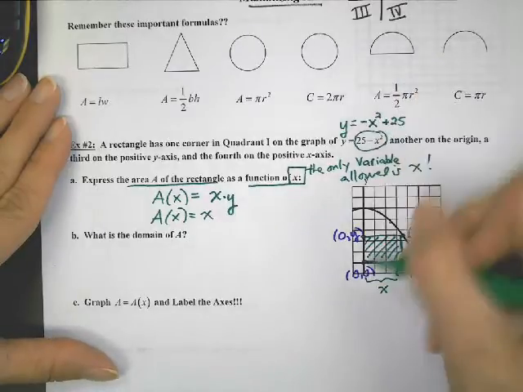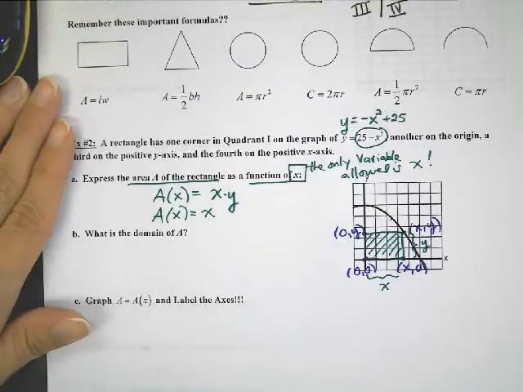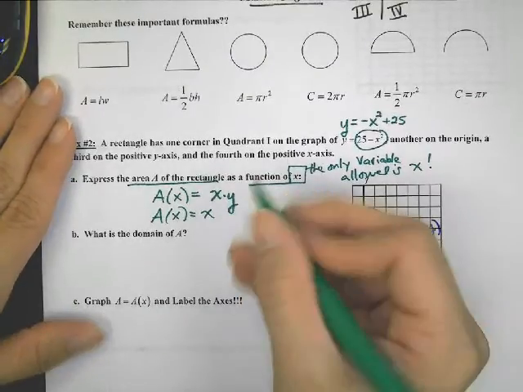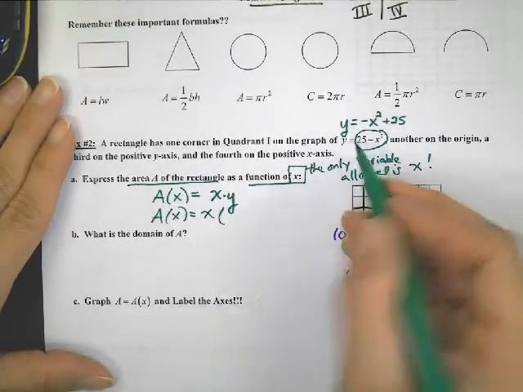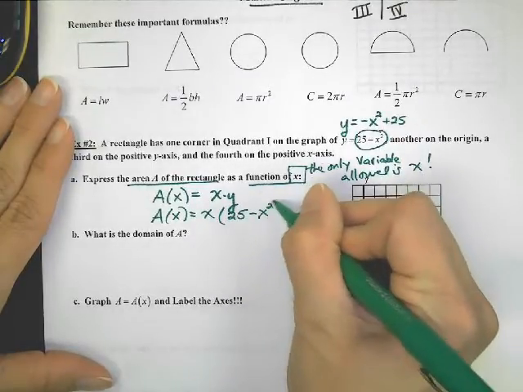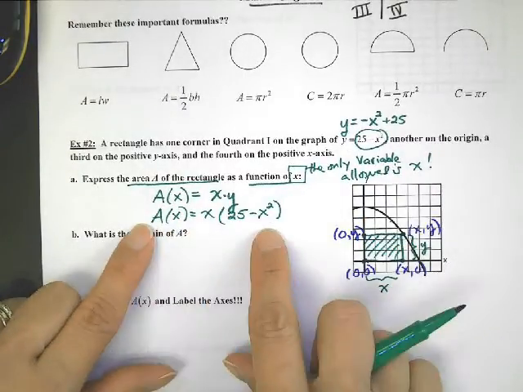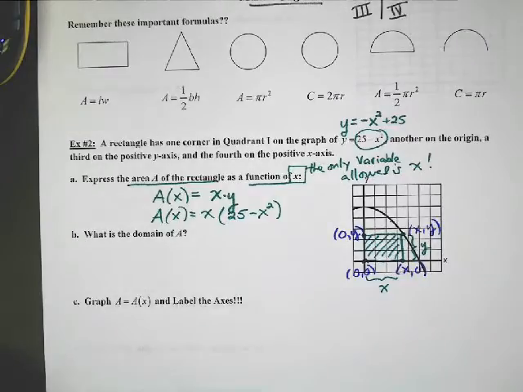It's a parabola facing down, up 25 units. So that value can go in for y. So I'm going to go ahead and I think I'll just put the original one in there. 25 minus x squared. Replacing y with this equation. Now I have a function in terms of x.